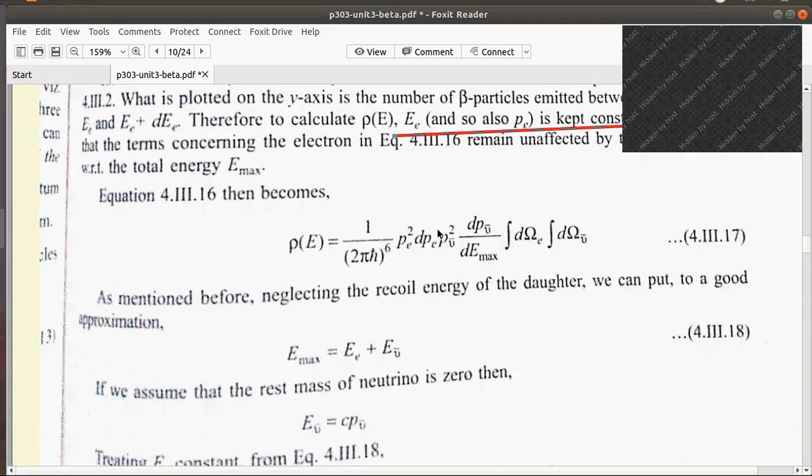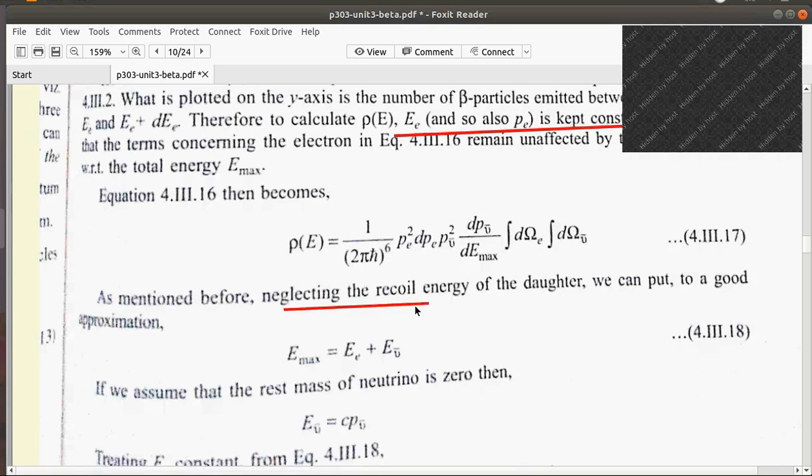E_max is the maximum energy available when the decay takes place. When the decay takes place, you will get a nucleus, an electron, and an antineutrino. But as we mentioned before, the recoil energy of the nucleus is very small, so we can neglect it.